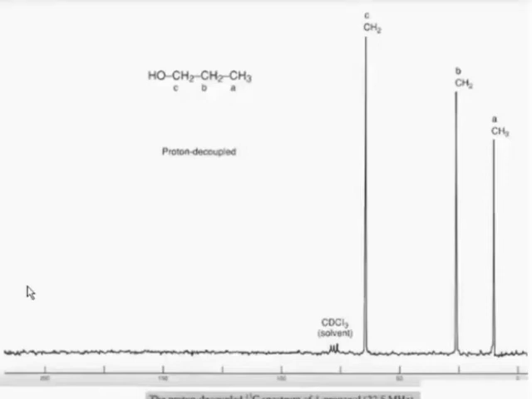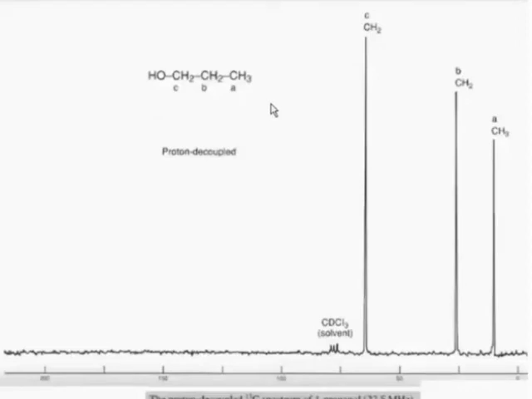Now, if that effect didn't occur, if this was just like proton NMR, because there are 3 carbons and 3 signals, and there's 1 carbon A, 1 carbon B, 1 carbon C, because they're all equal, it is 1, 1, and 1, we would see 3 singlets that are all the same size.